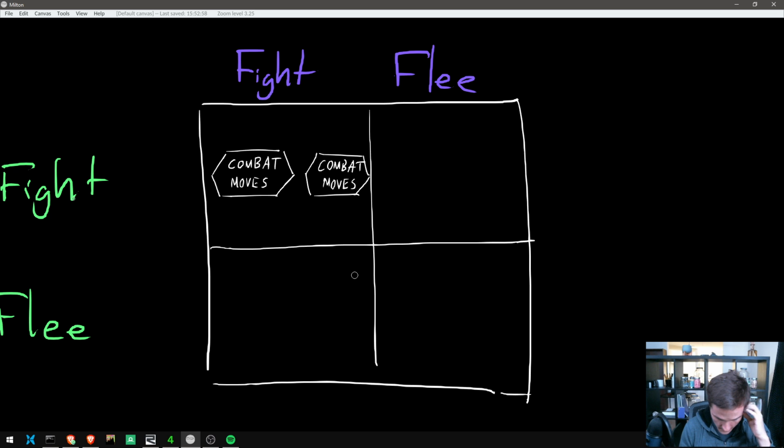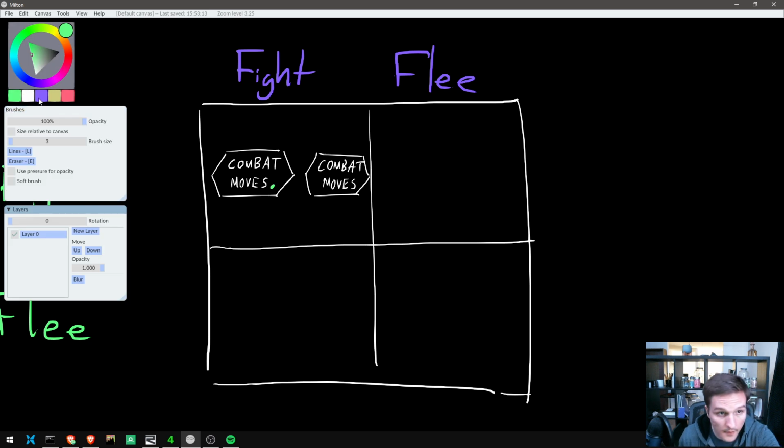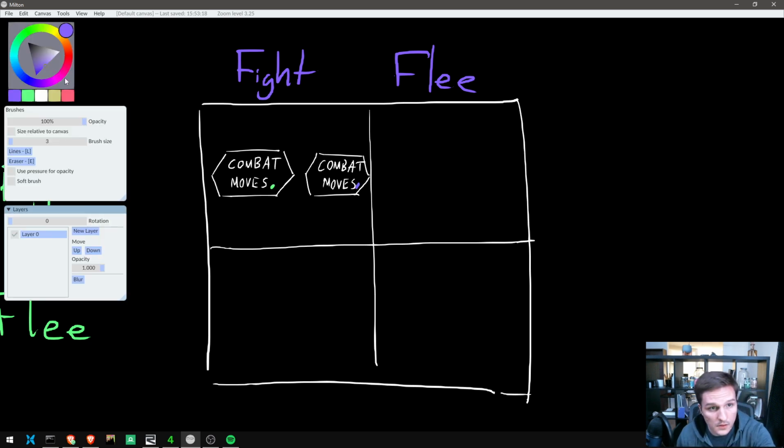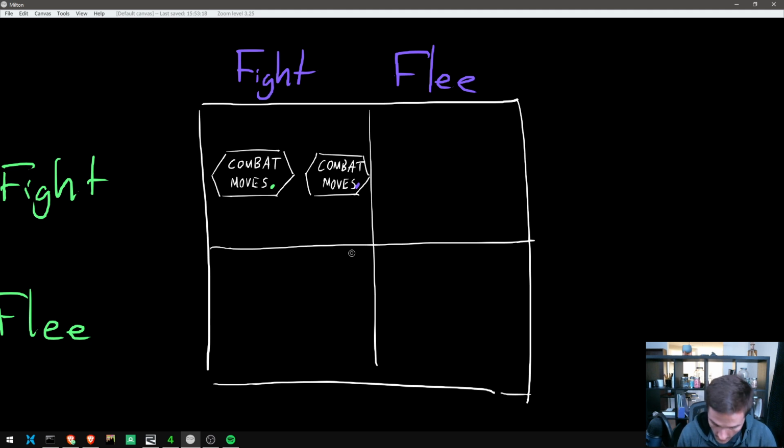That's fight, fight. If we do fight, flee, then we're going to get chase moves. You know what, I'm going to add the green and purple dots. Green dot, purple dot. Combat moves. And then there's, no, not combat moves, it's chase moves.